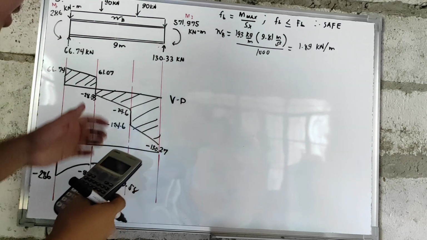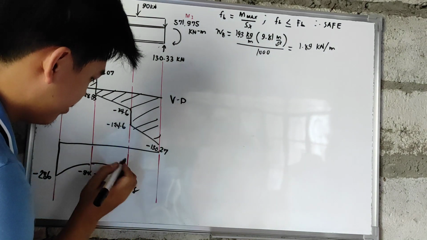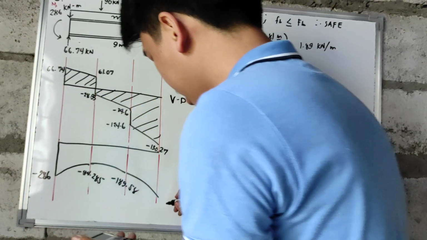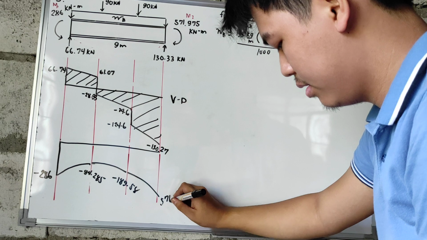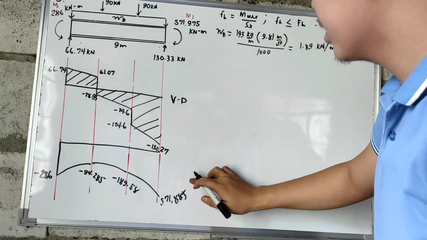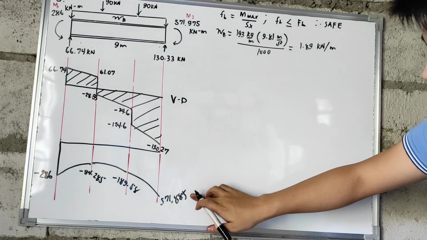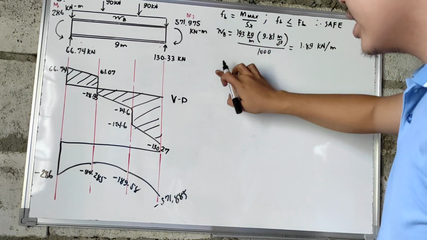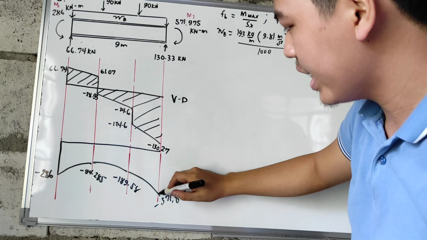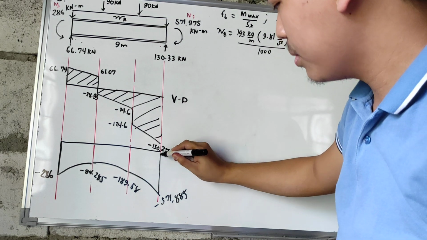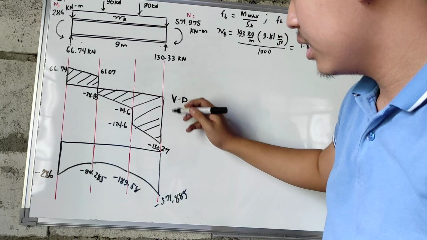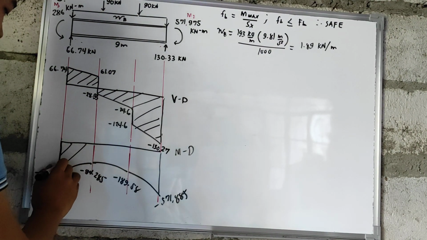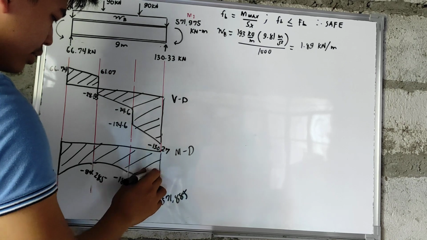So, we have 571.885. Tapos, i-plus natin yung negative na to dito sa value natin sa moment. Since it is clockwise, tataas siya. So, mag-zero yung moment natin. Mag-zero yung moment diagram. So, meaning to say, tama yung mga nakuha nating reaction.